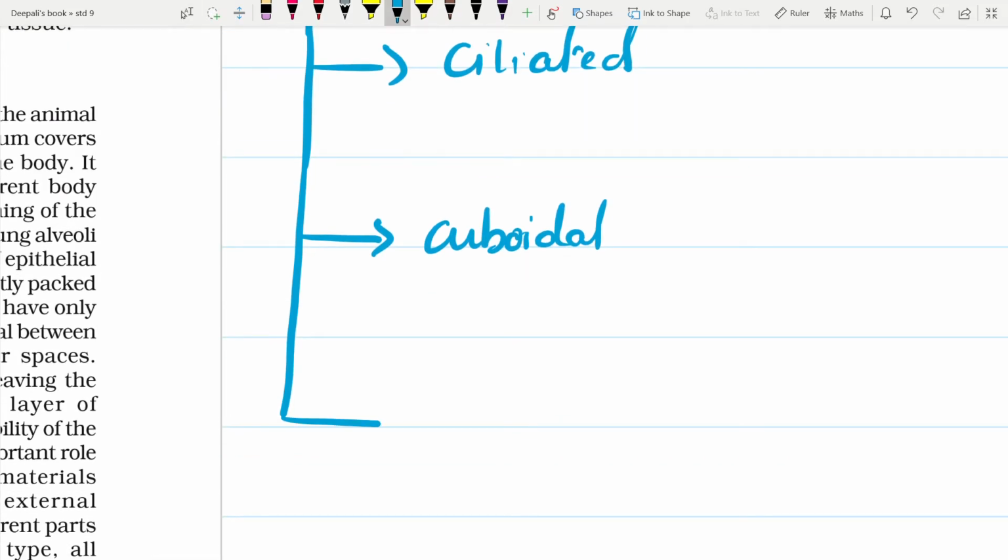Then we have glandular. Now let us study the function of these.